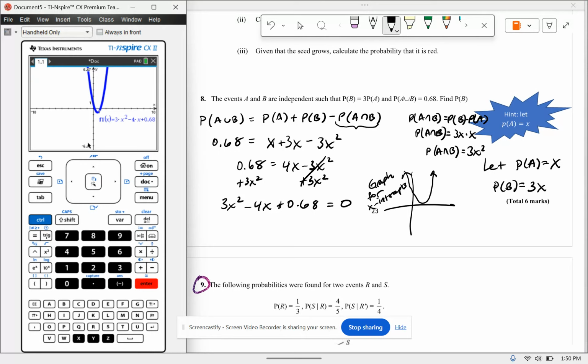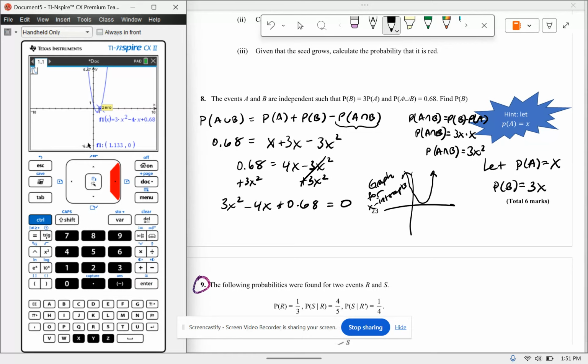You can't see that with your eye, so make sure that you use graph trace to make sure you don't miss one. Does everyone know how to do graph trace? That way you're like, okay, that's the first one, and then that's the second one. Because if you just scan, you might be like, oh, it just touches once. Can everyone give me a thumbs up that you will remember to look for the two solutions because they're tiny? People who didn't give me a thumbs up, I cannot help you.